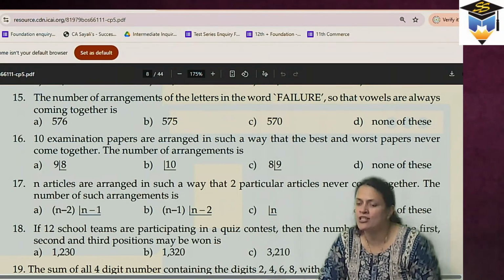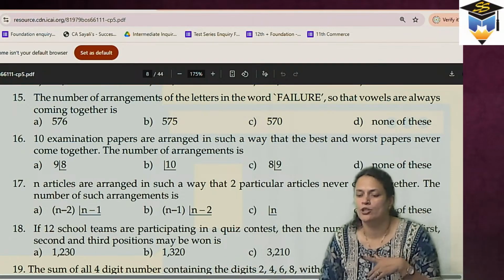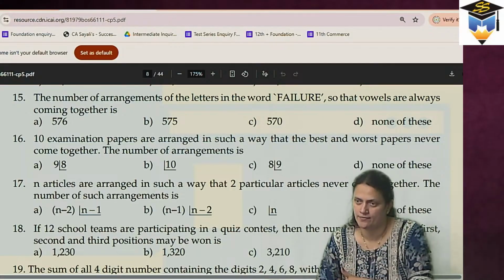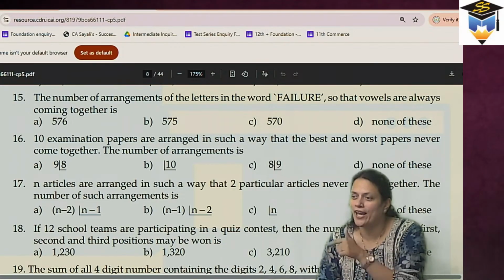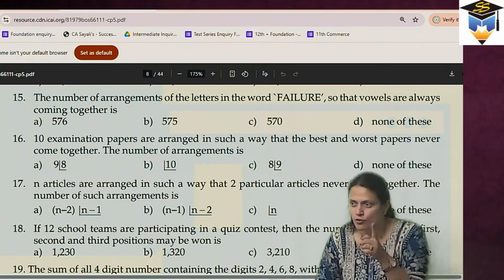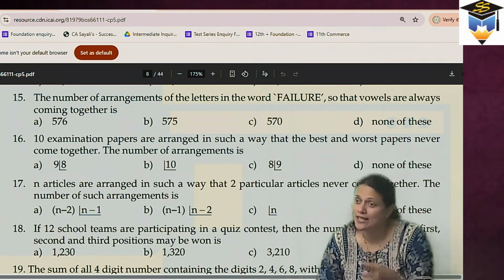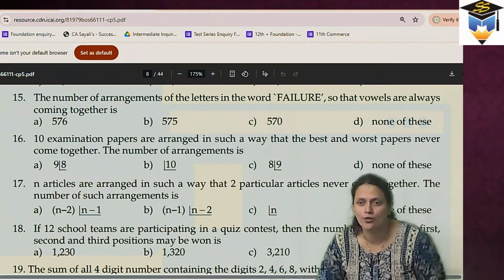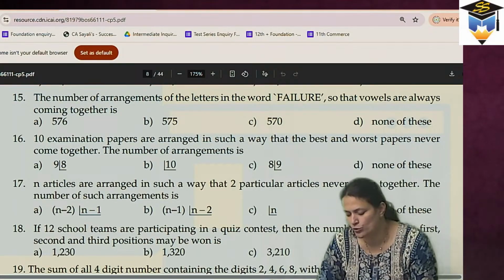So for vowels, first I can place A, I, U, E, or I can write it as U, A, I, E, or I, U, A, E, or E, U, A, I. These ways you can do, and this can be done in 4 factorial ways. So 4 factorial into 4 factorial, answer will be equal to 576.